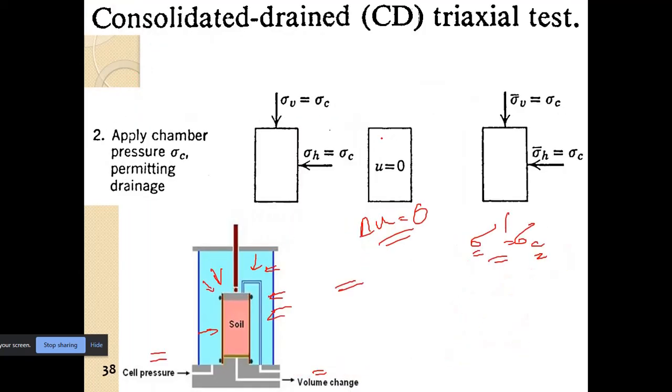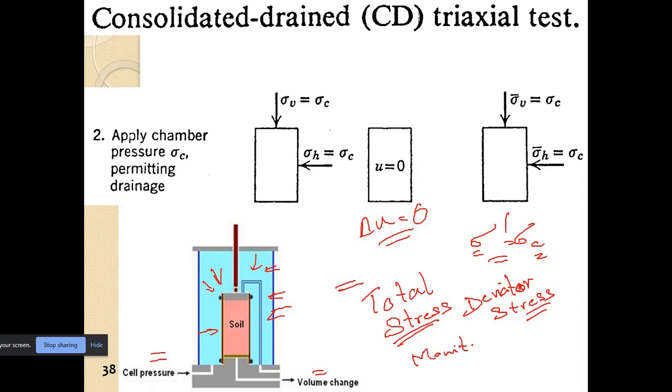So basically, in the triaxial test we can control the total stress, we can apply the deviator load, and the most important part is that we can measure or monitor the changes in the pore pressure, or pore water pressure.